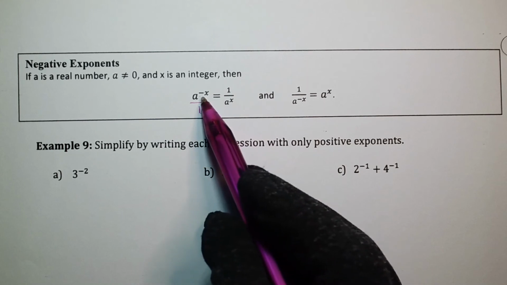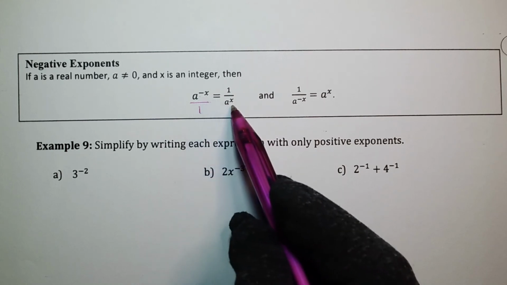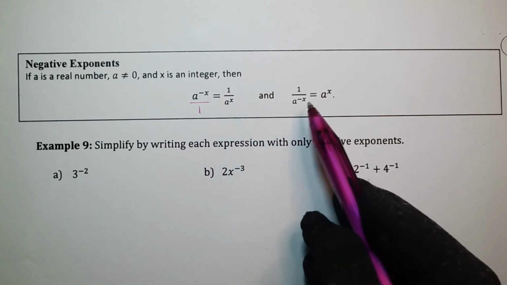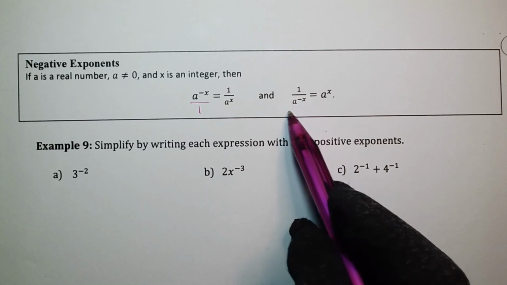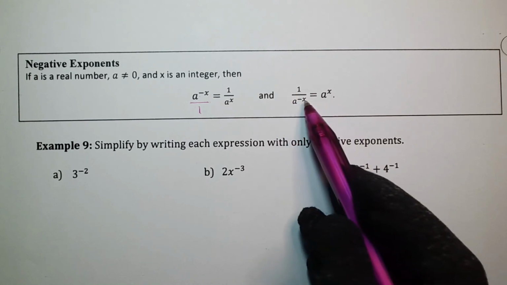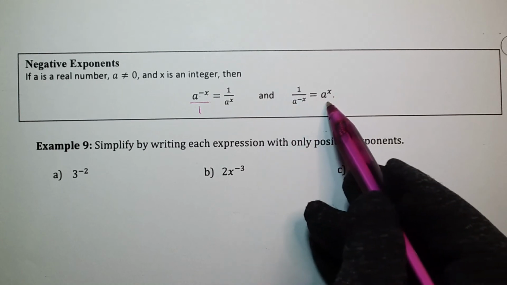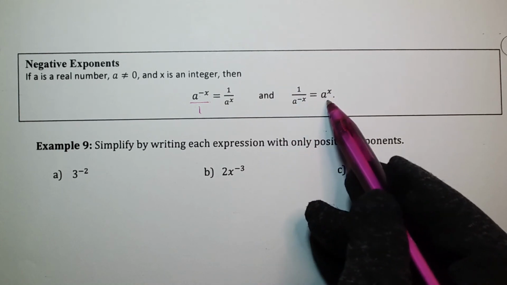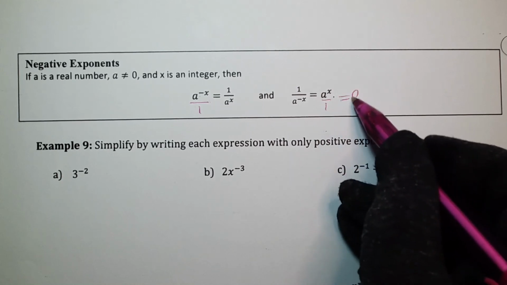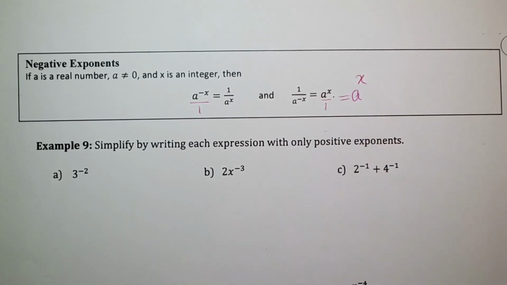In this form, the negative exponent changes to positive. Exactly the same if you have in denominator an exponential expression with negative exponent, if you flip over your fraction, you're going to have a to the power of positive x over 1 or a to the power of x.